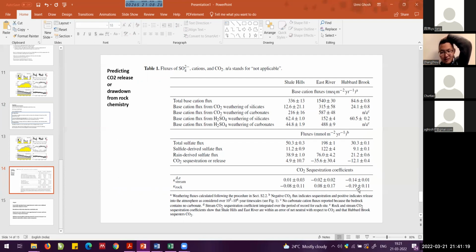How do hydrologists really validate that this is right? Could any other approaches validate it? I'm going to have to punt on this one. I don't know how you would determine if something is carbon neutral or not.